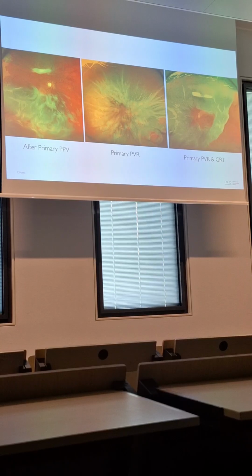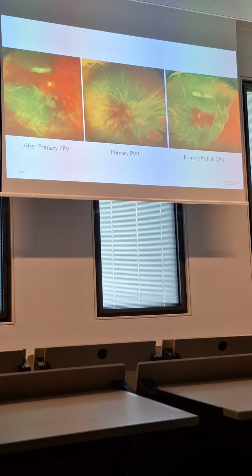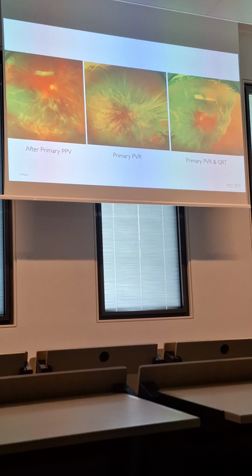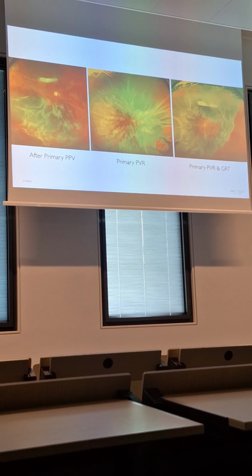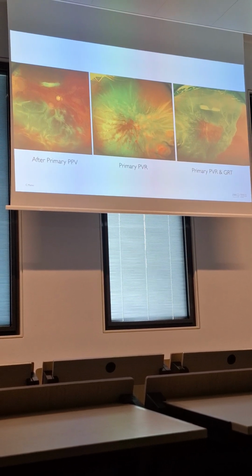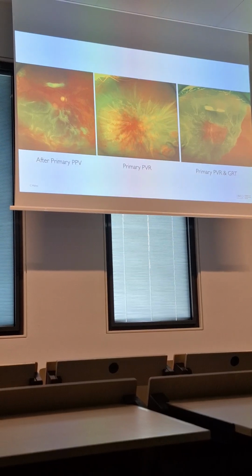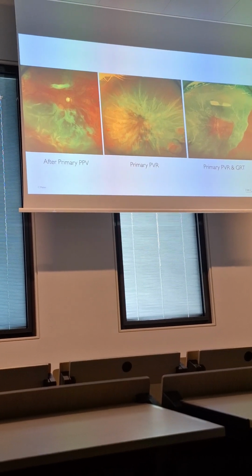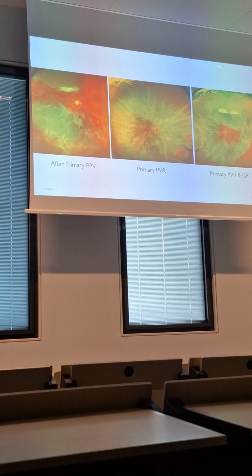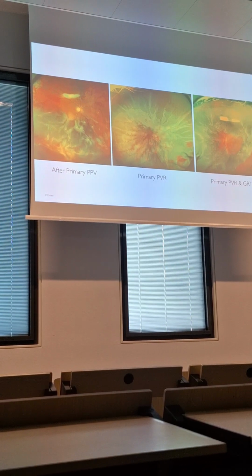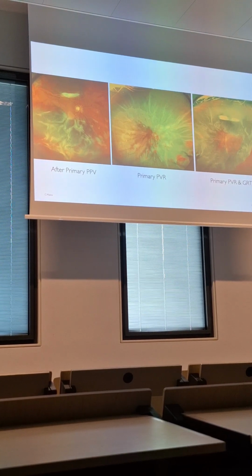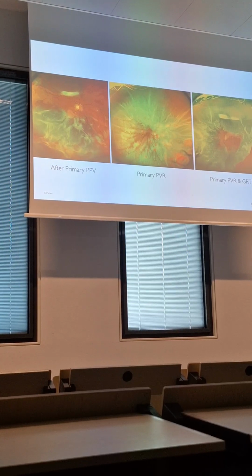How many of you would say, of these cases, who needs a retinotomy? Let me tell you, no one. Not this, not this, not this. This is a giant retinal tear, not previously operated, long-standing, with PVR.